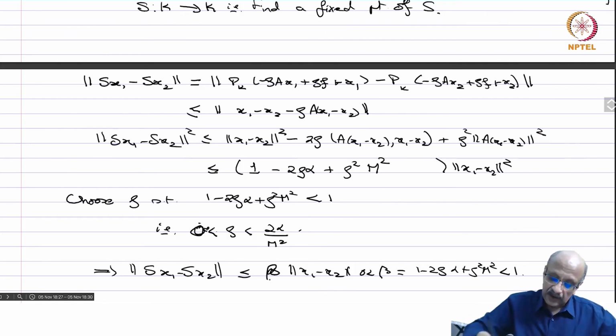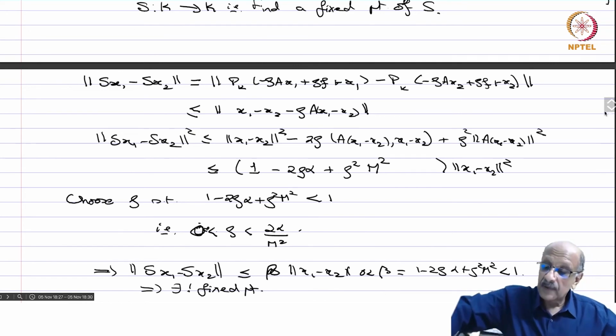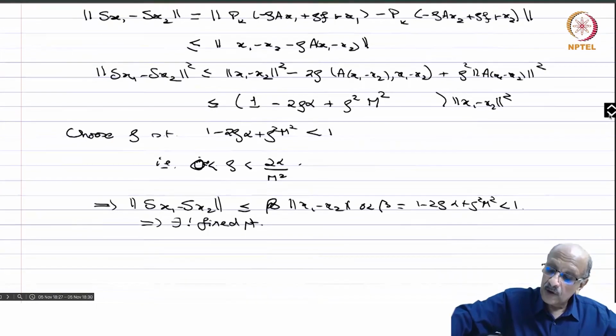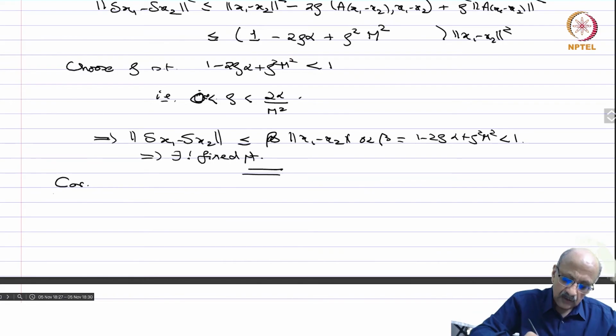Okay, so then this contraction implies there exists a unique fixed point, and therefore that proves the theorem of Stampacchia. Okay, so we have found a unique fixed point of S, and that is precisely the solution of the variational inequality. So corollary, this is called the Lax-Milgram lemma.